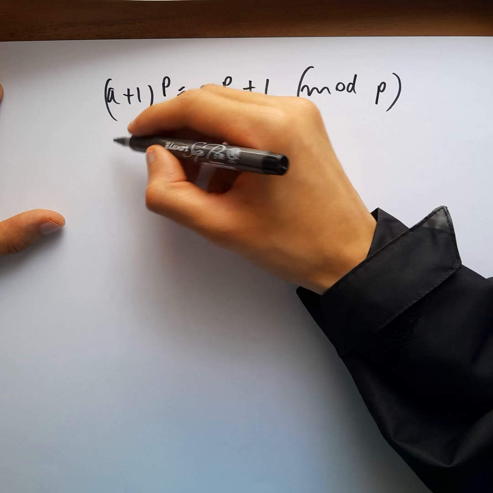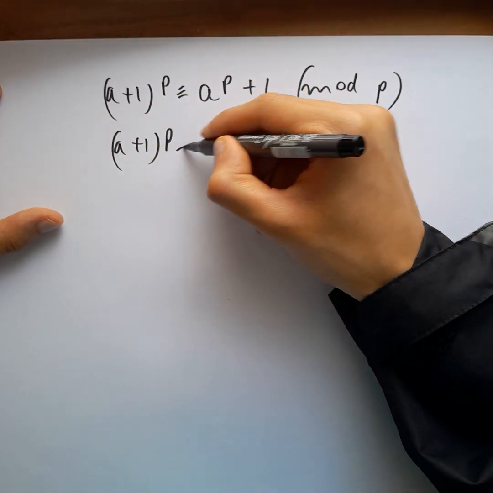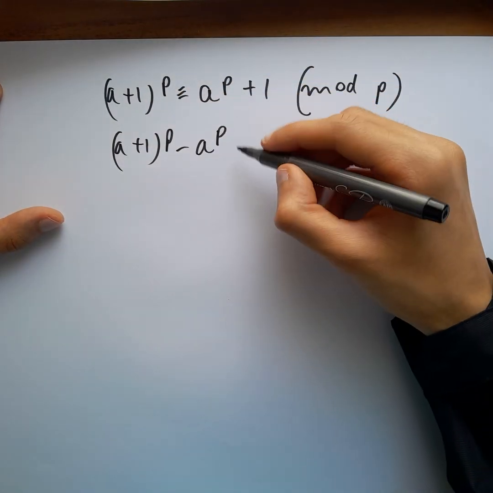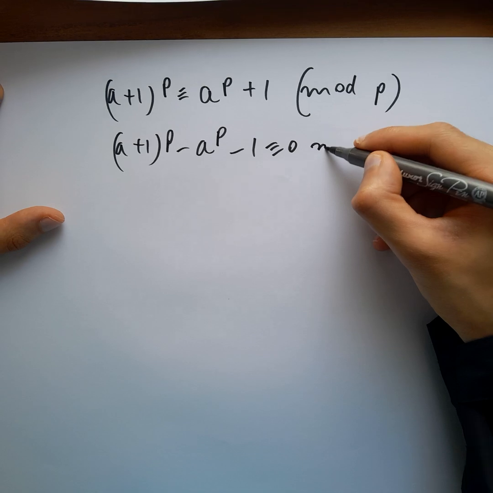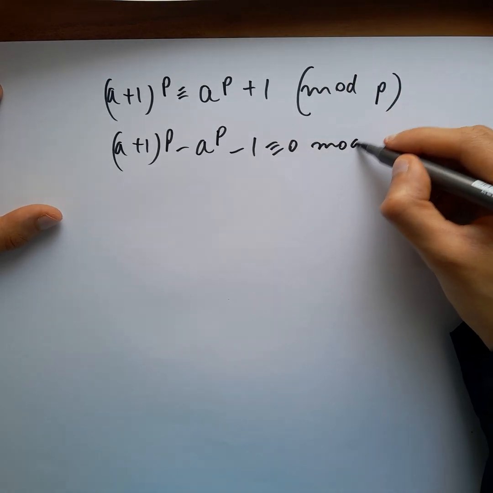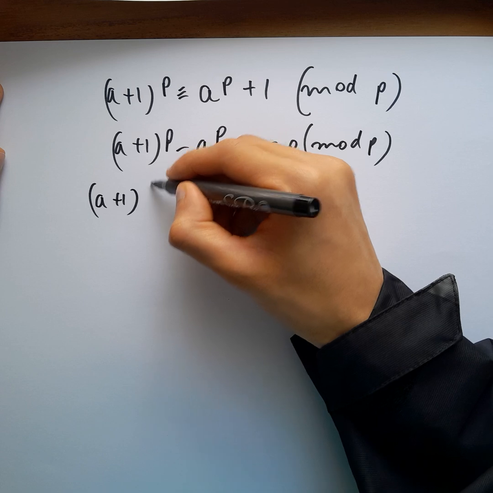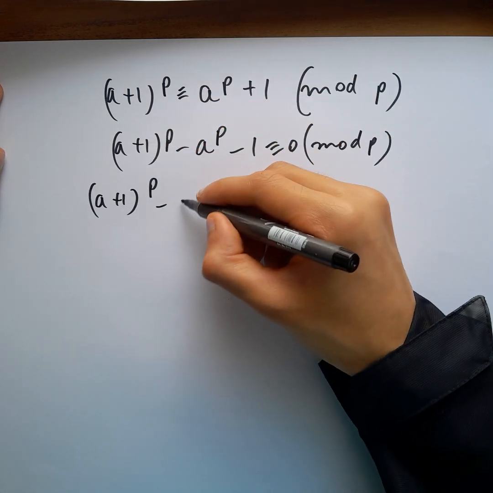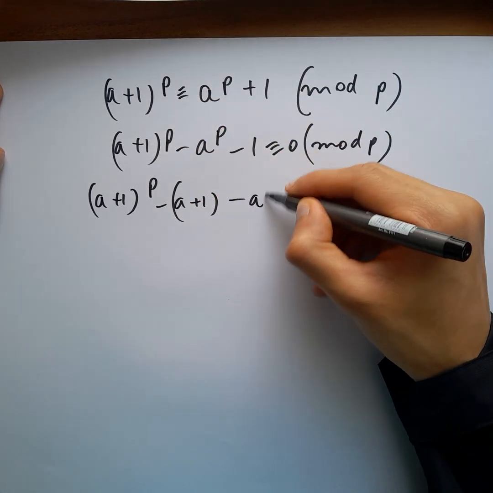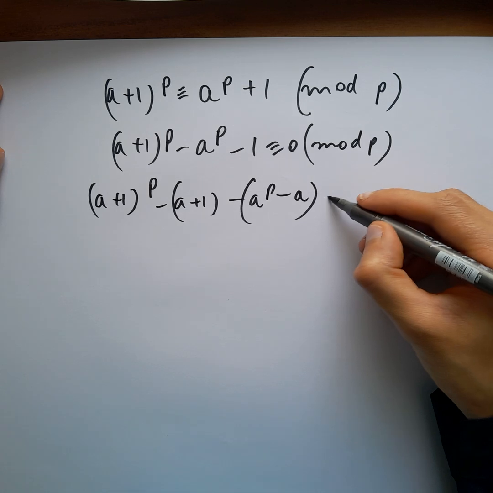And we can rewrite this as (a+1)^p - (a+1) is congruent to 0 mod p, which can be rewritten as a^p - a plus the binomial terms, as you can easily check.